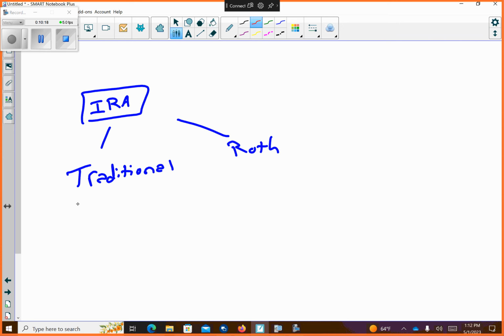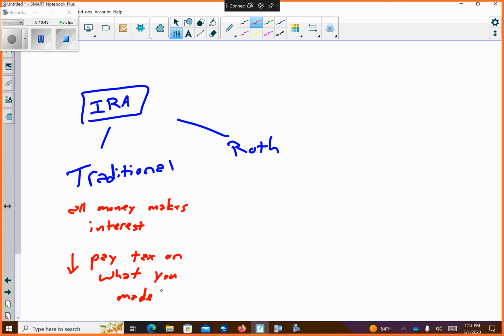Okay, traditional, all money makes interest. Okay, the downfall, pay tax on what you owe or what you made.